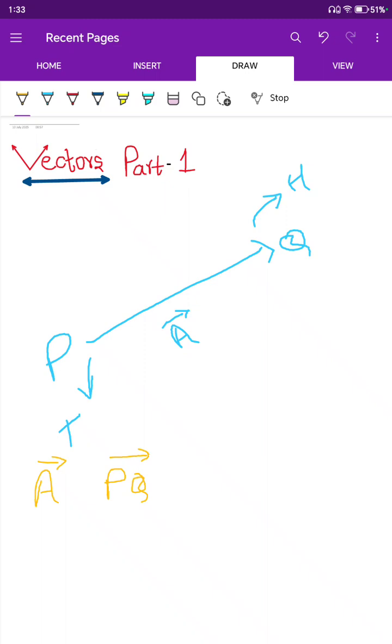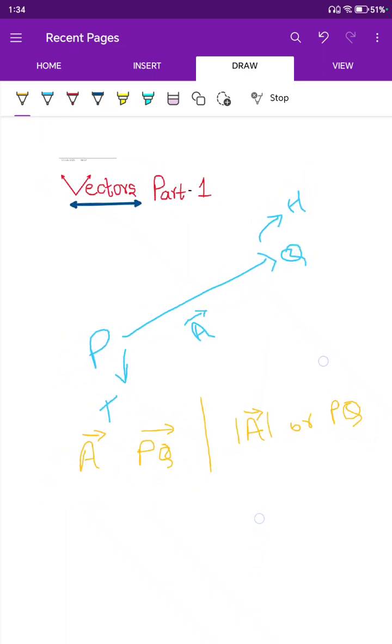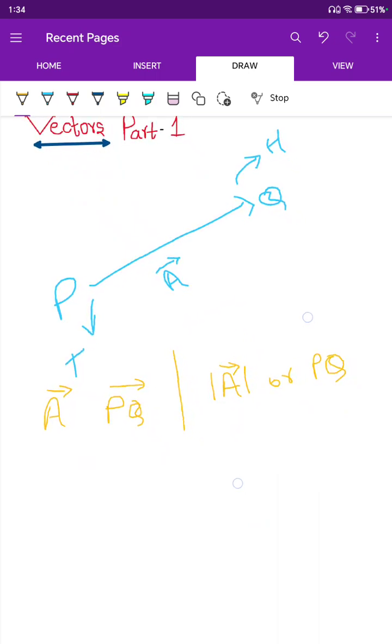We can also represent the magnitude. So let's do that. We represent magnitude by this method: magnitude of a vector, or just pq. Yep, this is the magnitude.